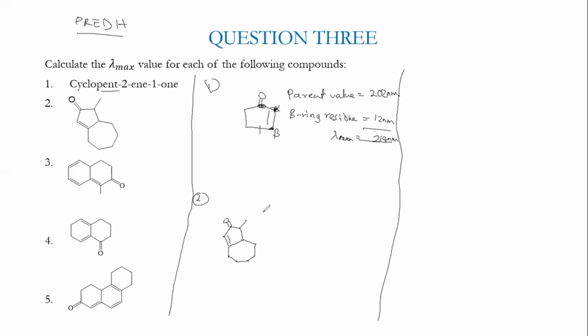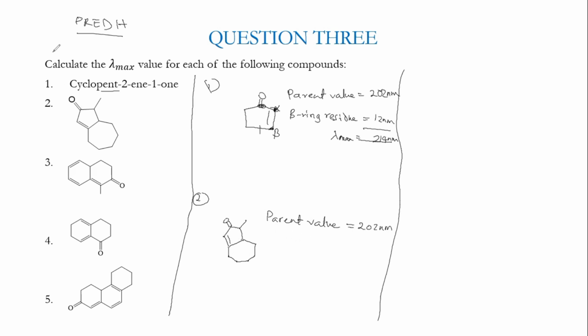For question number 2, we have this. So what's going to be the parent value? Of course, this is a 5-member ring, so don't be deceived by this 7-member ring attached to it. So the parent is involving the 5-member ring, and so it's going to be 202 nanometers.